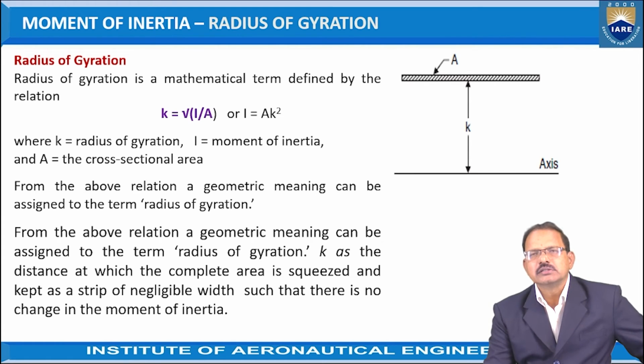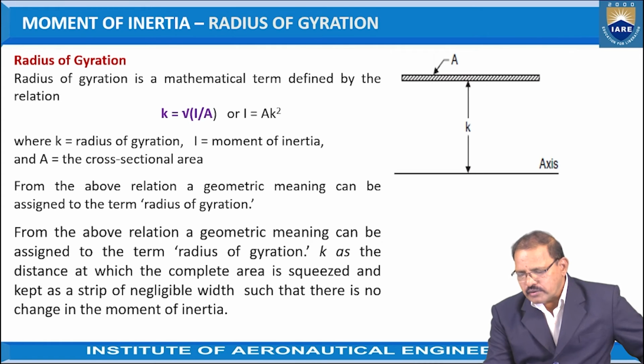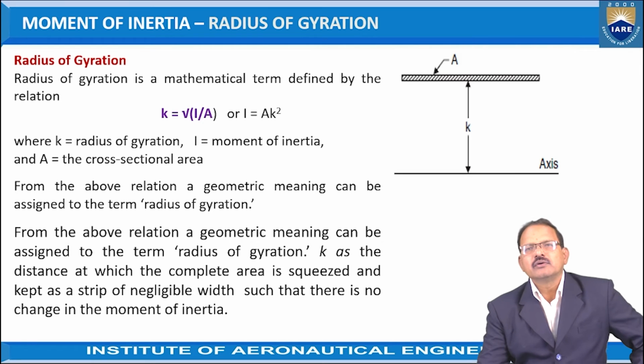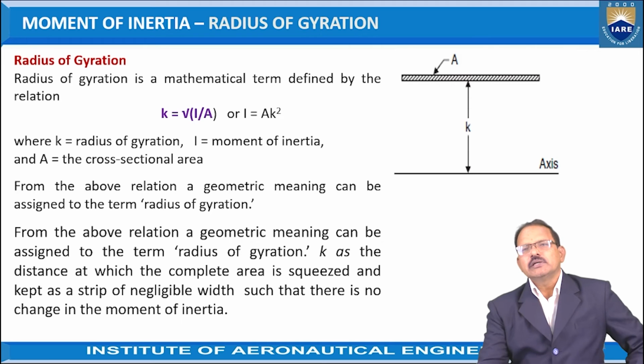From these relations, it can be treated as a distance from the reference axis to the center of gravity of the strip, such that when it is squared and multiplied by the area, it gives the moment of inertia of that plane about a given axis. Hence, the radius of gyration plays an important role in designing machine members.